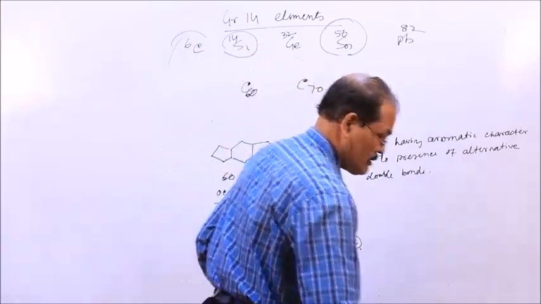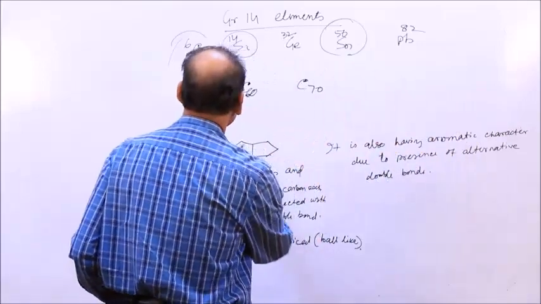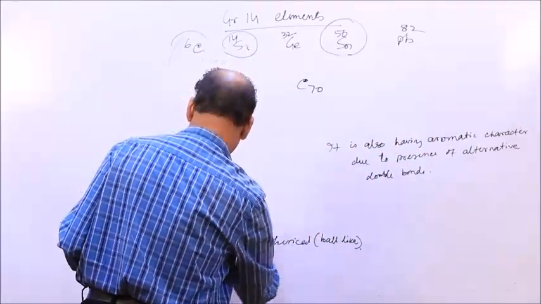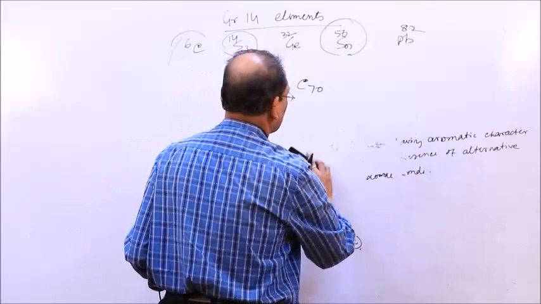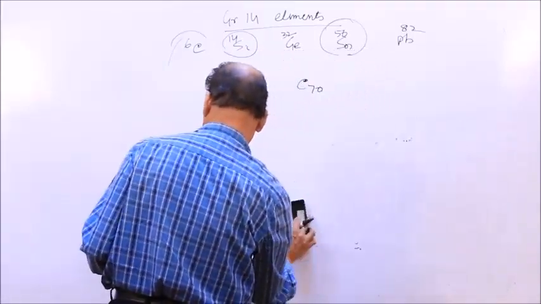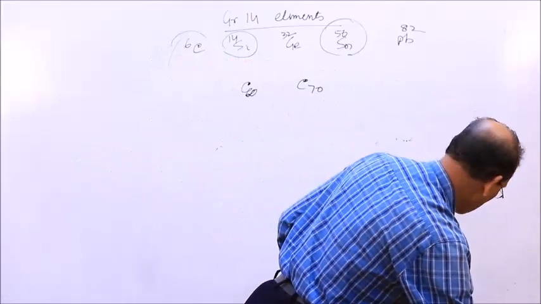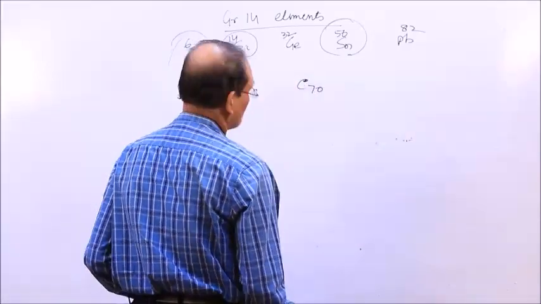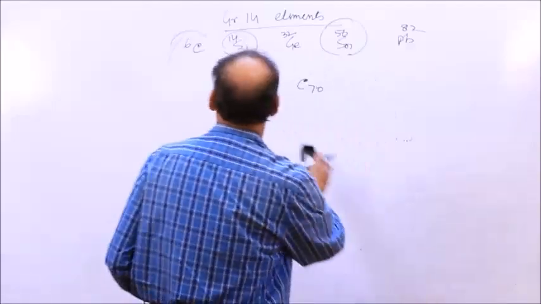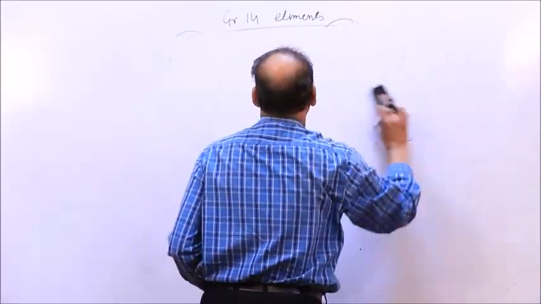The color of carbon is black and it is used as a black pigment, and diamond is used as precious stones. Now let us know some compounds of carbon.